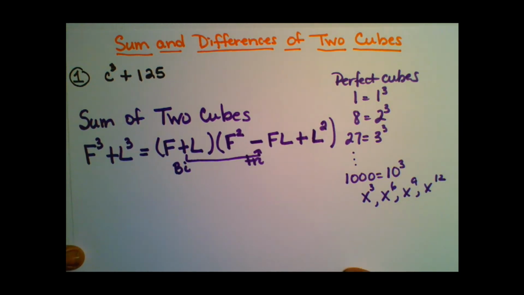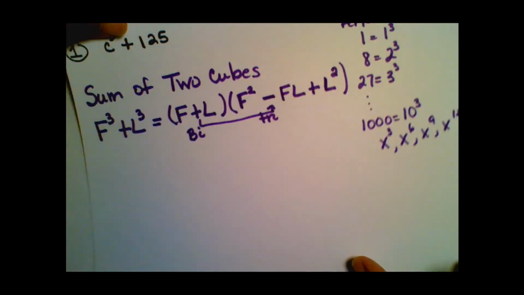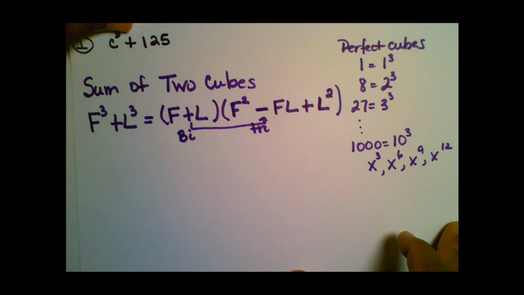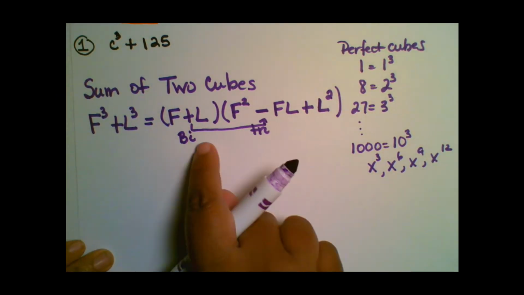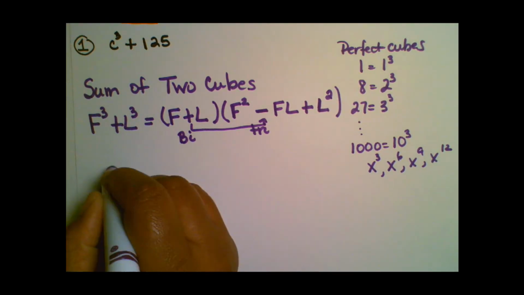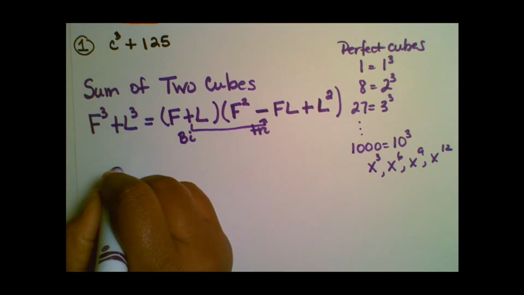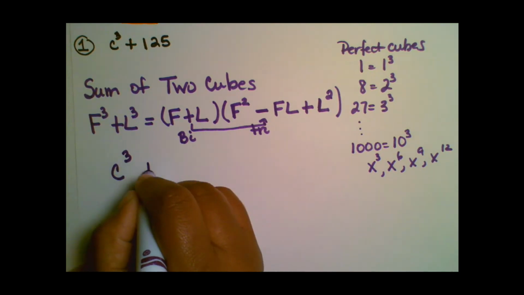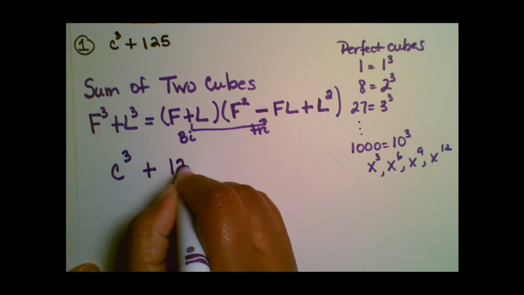So let's rewrite the question so we can use the template of how to factor a sum of cubes. We have c cubed plus 125.